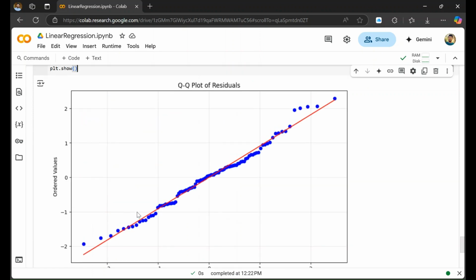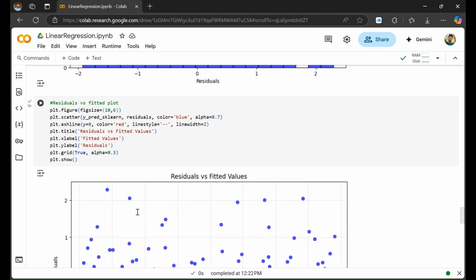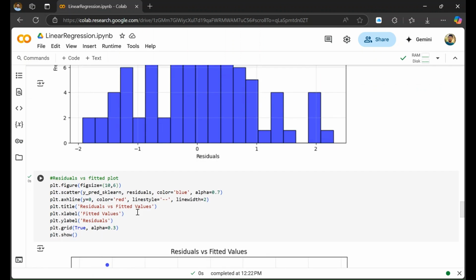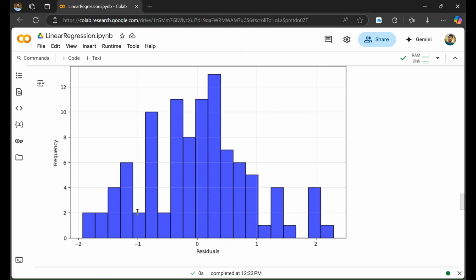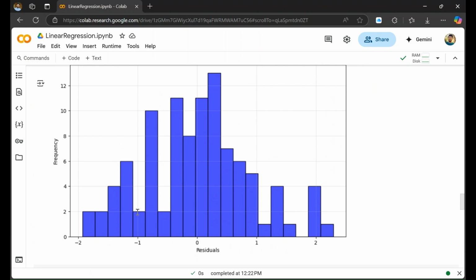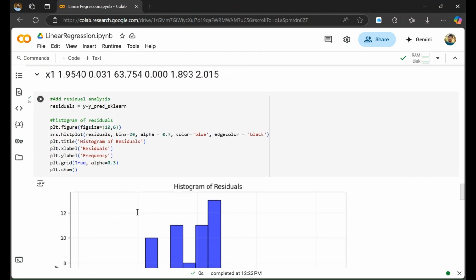Now you have to remember that interpreting regression output requires understanding of both statistical significance and the practical significance of your findings. While a coefficient might be statistically significant, you should always consider whether its magnitude is meaningful in your specific context or not.